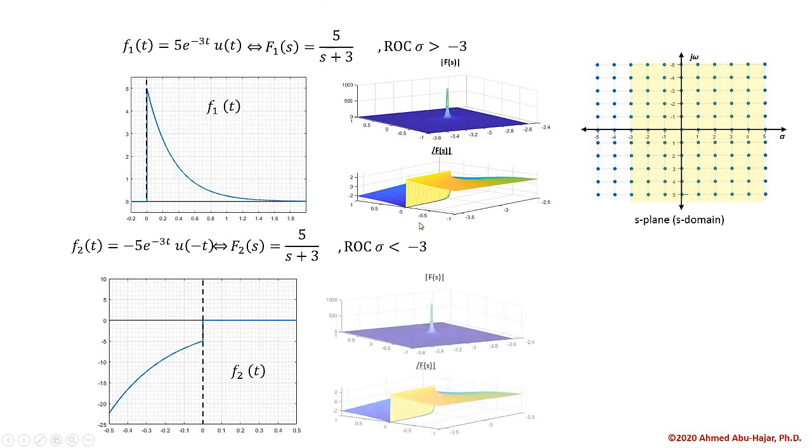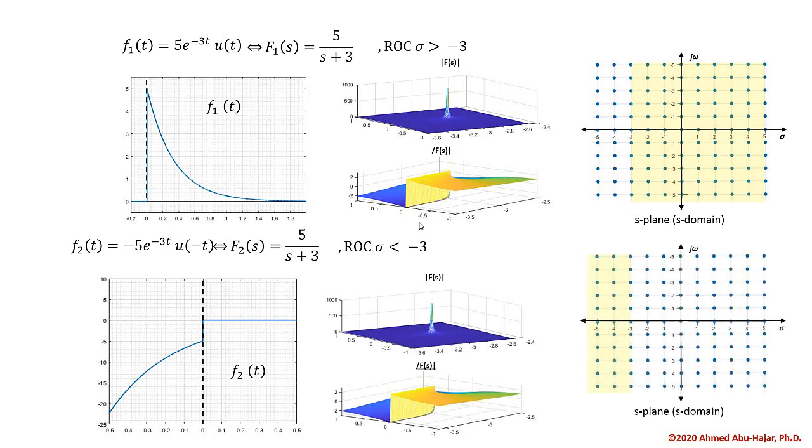Because when the regions of convergence are different, the first one says that sigma is greater than -3, and the second one says that sigma is less than -3. The region of convergence is extremely important when you calculate the contour integral. When you use the partial fraction expansion, there is nothing you can do, so you get confused.